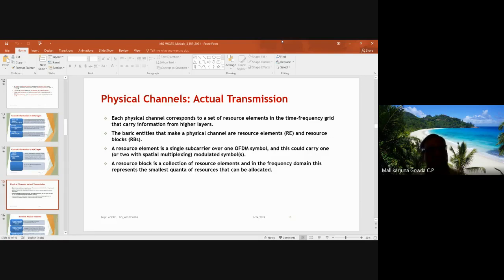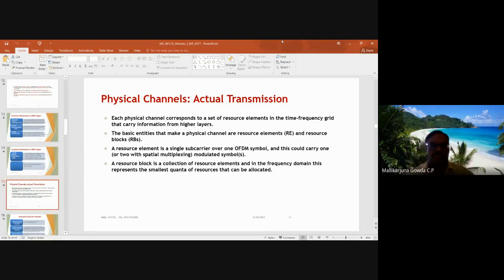What if I use QAM modulation? The number of symbols is 2 power n. If I use 3 bits, then 2 power 3 is 8, so I can use 8 subcarrier frequencies. So the number of subcarriers and the information over each subcarrier depends on the type of modulation we select.